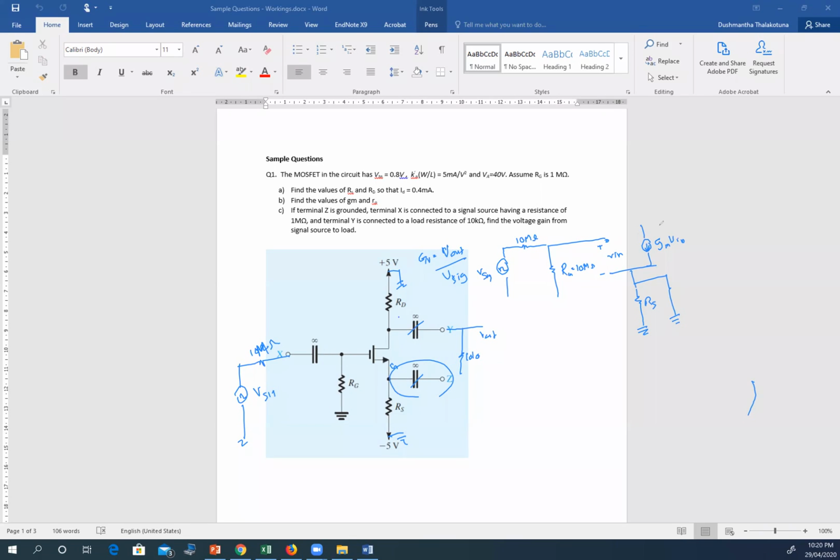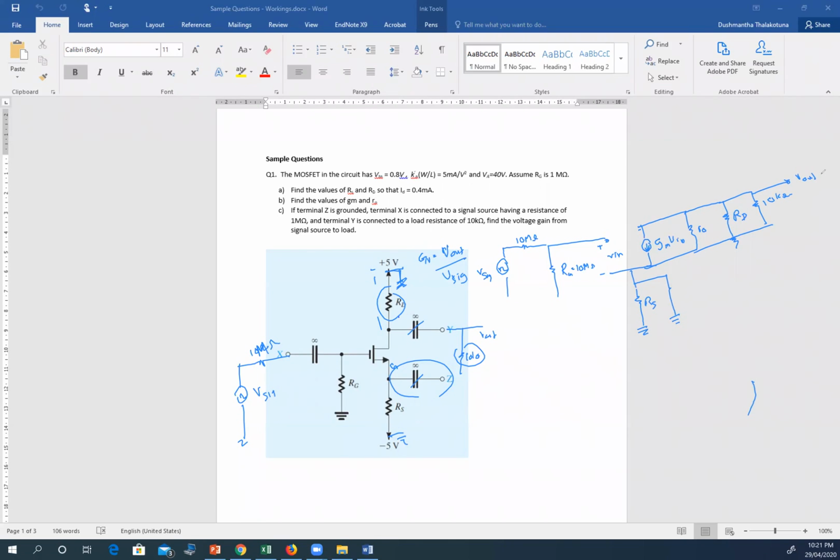It has the internal output resistance R_O. It also has R_D connected to the ground, and this has 10 kilo ohms again connected to the ground, and that's where you get your V out.